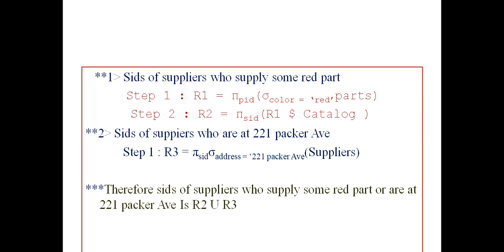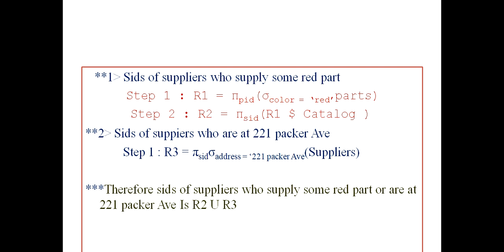I hope you have got every part of this answer. In the first part, we found the suppliers who supply some red part, stored in relation R2. In the second part, we found the SIDs of suppliers who are at 221 Pecker Ave, stored in RT. The final result is the union of both of them, R2 union RT.